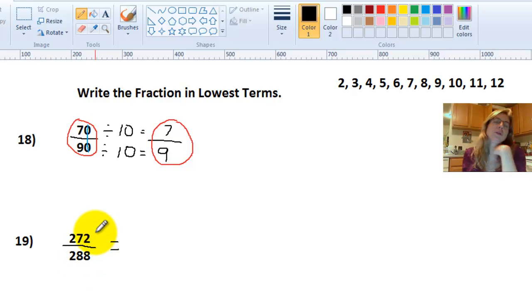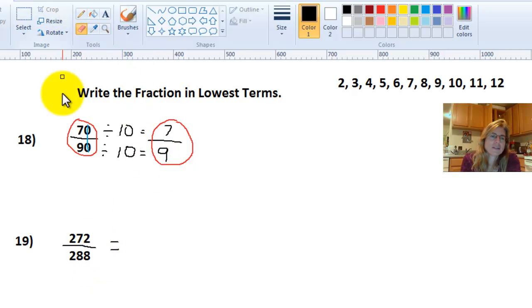That's the divisibility rule for 4, which is if the last two numbers are divisible by 4, the whole thing is divisible by 4. So if the last two digits are divisible by 4, then the entire number is divisible by 4. But I'm wondering if we can go up even higher than 4.